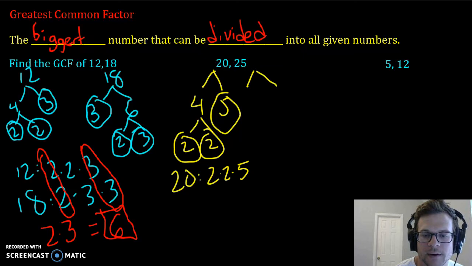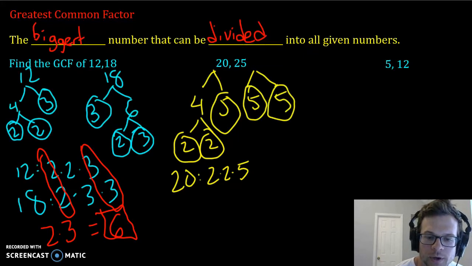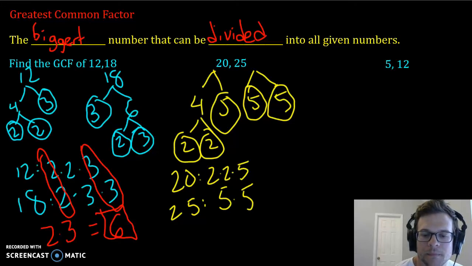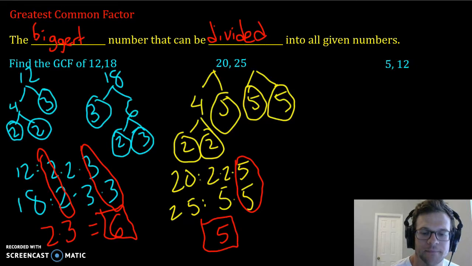Now let's look at the 25. Those factors are 5 and 5. They are both prime. Okay, so when looking at our common factors listed in these primes, the only thing in common is one pair of 5s. So the GCF is just 5.